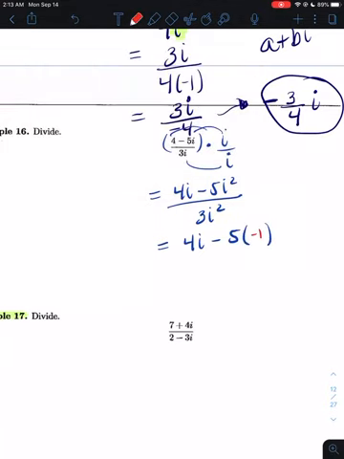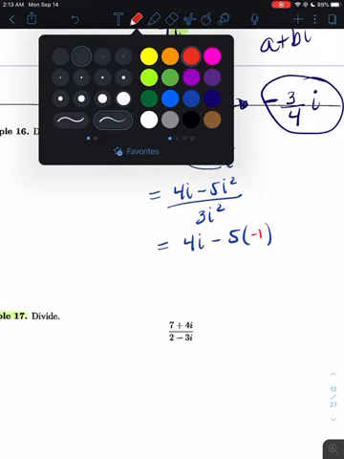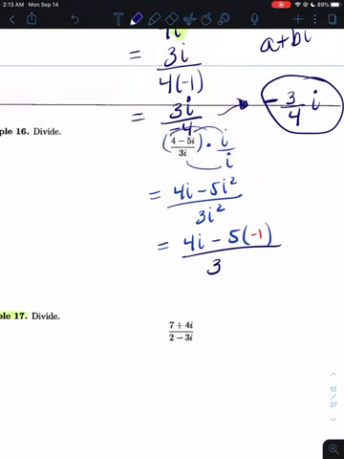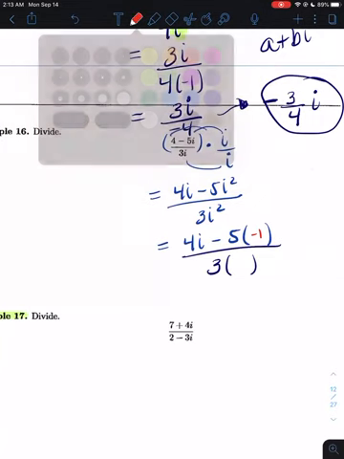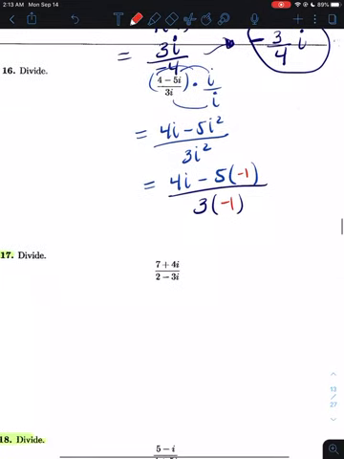So that's a -1 here. Then I have 3 times i squared, which again is -1. So when I simplify this, I get 4i plus 5 over -3.